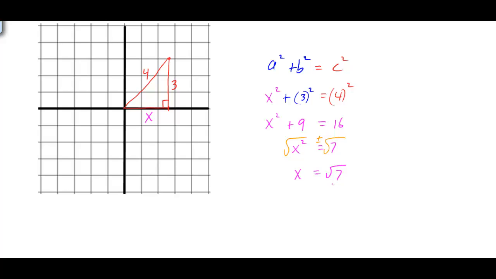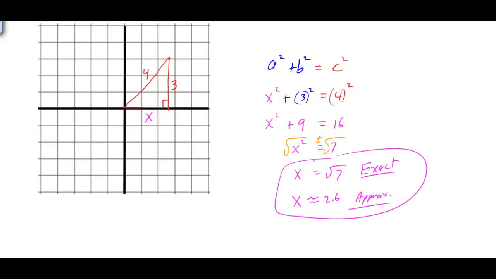And of course, we could actually put this in the calculator. So you enter this in the calculator, then we could say x is approximately equal to 2.6. Okay, so you'll see that the square root of 7, this would be your exact answer. If you're looking for an exact answer, then we're going to leave it as a square root. If we're looking for an approximation, then we could put it in the calculator and come up with a decimal answer.